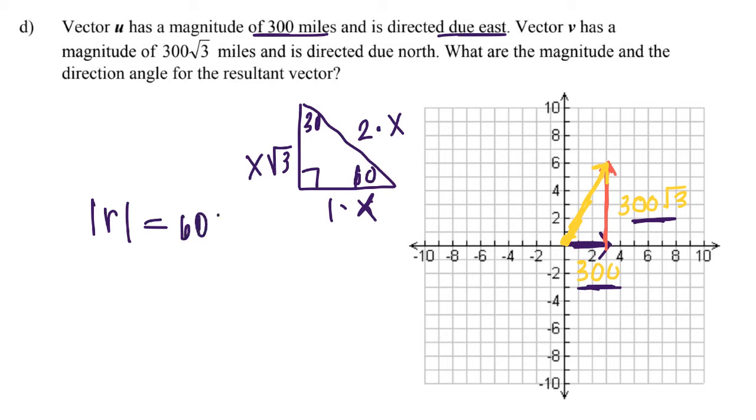So that's going to give us 600, or you can use the Pythagorean theorem, and that will also generate that same value. And then our direction angle is going to be from here to here. That direction angle looks like it's across from the root 3, which is going to be 60. So my direction angle is 60 degrees.